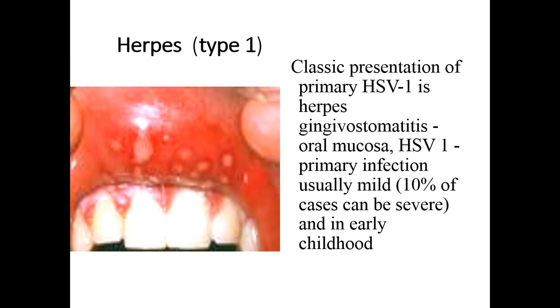Herpes simplex virus type 1: the classic presentation of primary herpes simplex virus 1 is herpetic gingivostomatitis, of the oral mucosa. Primary infection is usually mild. 10% of cases can be severe, in early childhood.